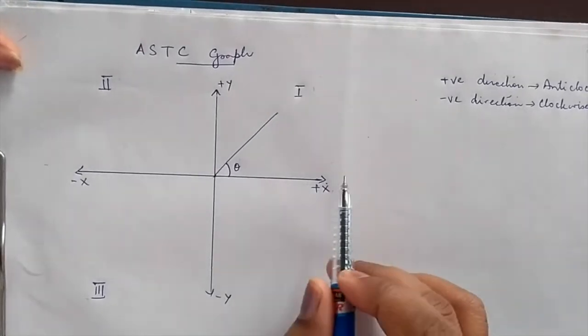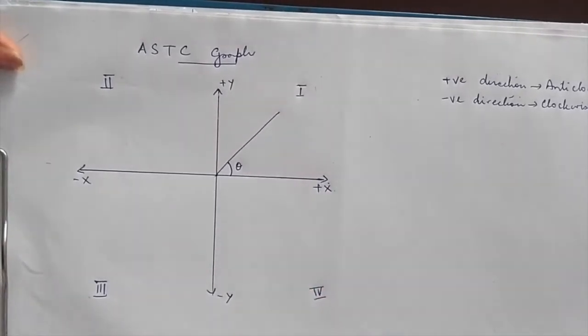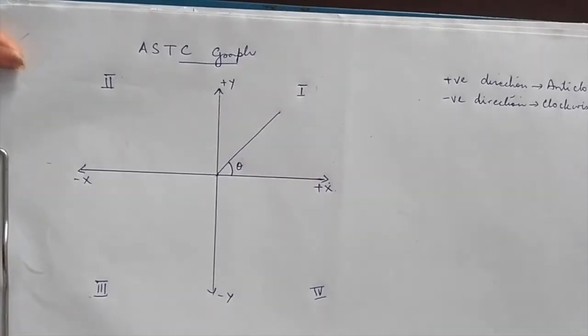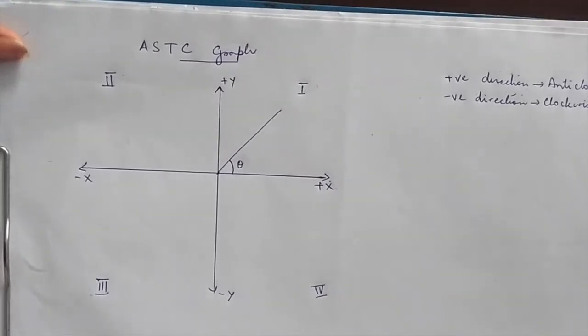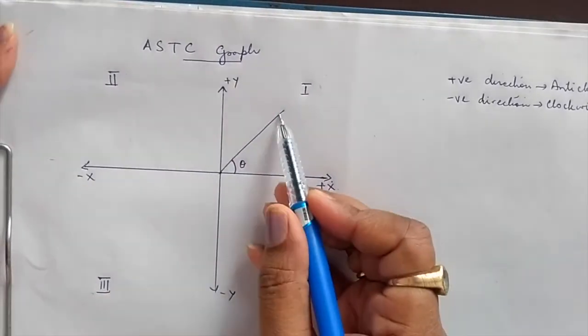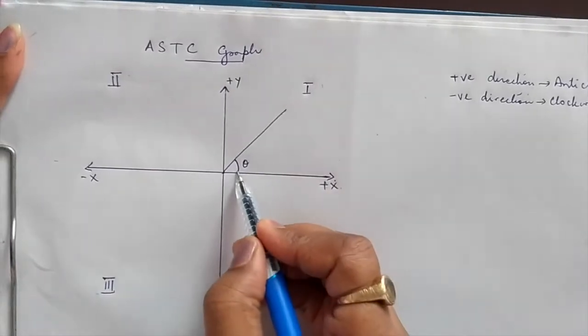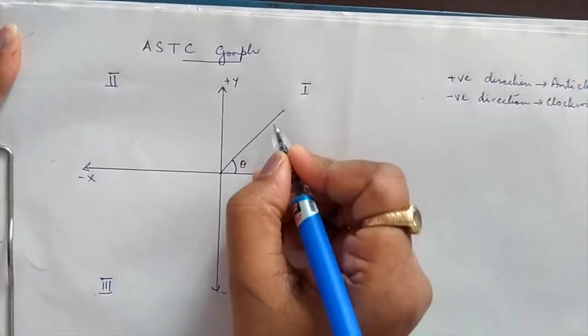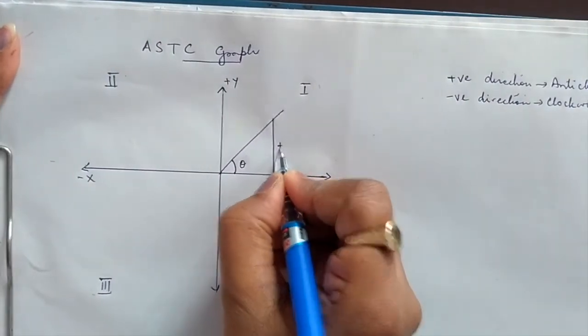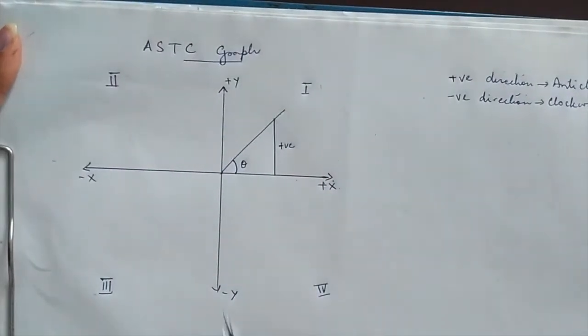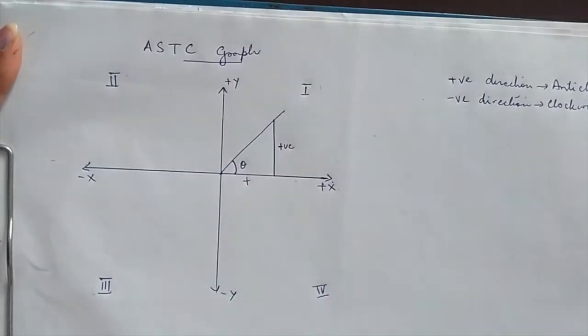So theta would be the angle made by the line with the x-axis in the positive direction. That is how we talk about theta. Now this is my line, this is the angle, this is the x-axis, and this is my positive, this is also my positive.